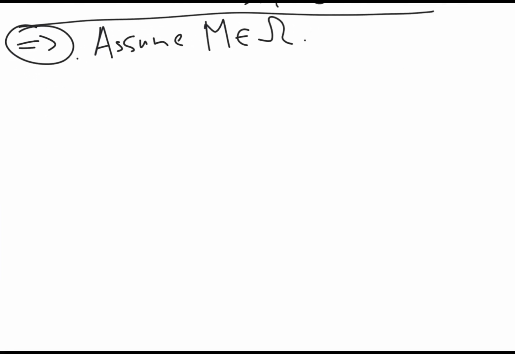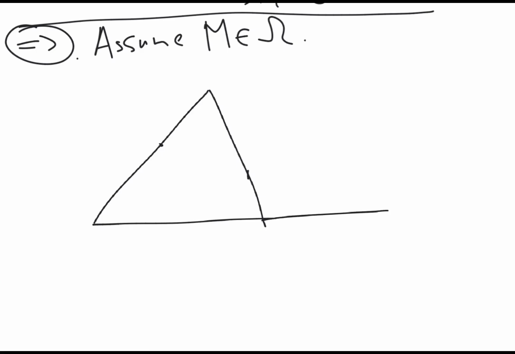So now we have this triangle, these three points. Let's draw them deliberately not on the same line, something like this.